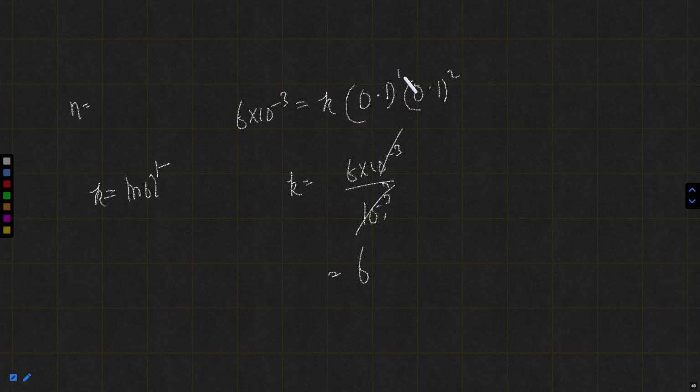So 1 with respect to A, 2 with respect to B. 2 plus 1, 3. So 1 minus 3, liter to the power 3 minus 1, and mole, second inverse. This will give you liter square per mole square per second. So this is the final answer.